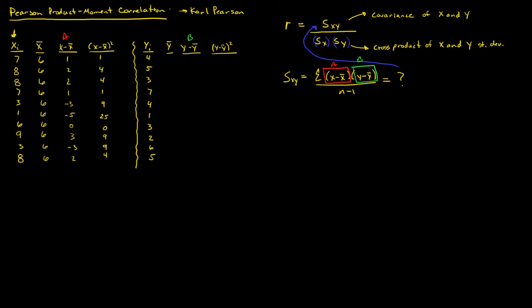Going back to the moments of the mean video in this module, these are the first moments of these deviation scores away from the mean. So it is essentially a cross product, summing the cross products of the first moments of variable x and the first moments of variable y.